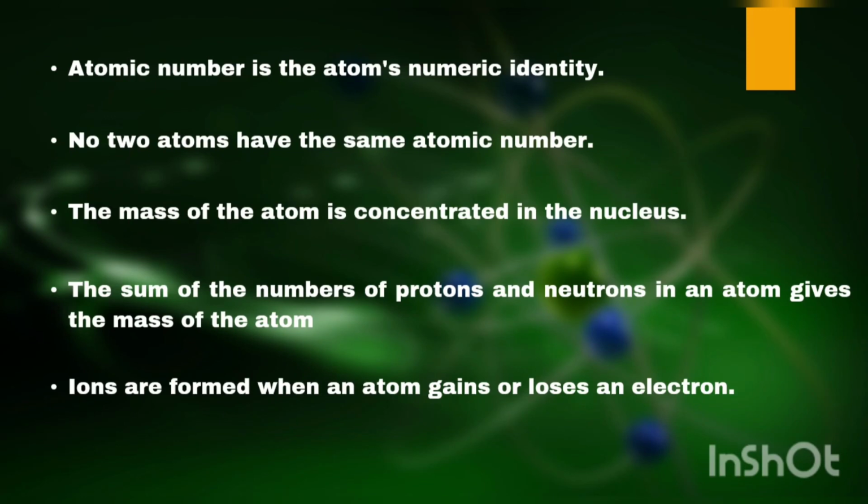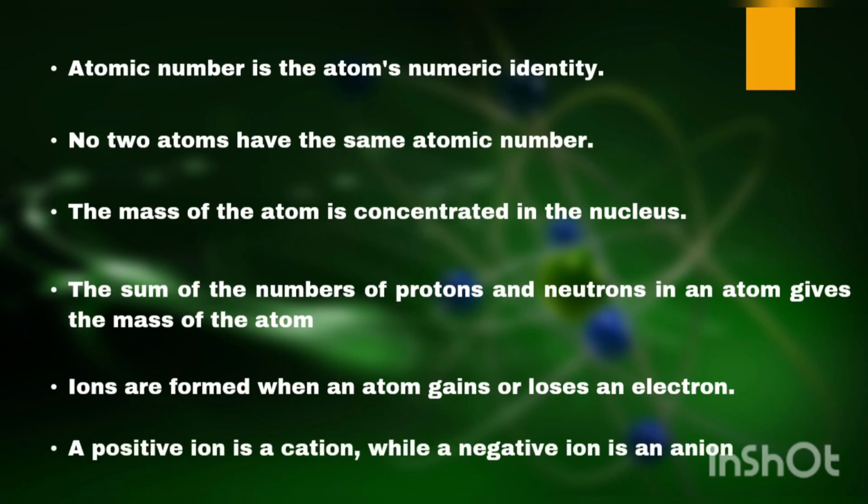The sum of the numbers of protons and neutrons in an atom gives the mass of the atom. Ions are formed when an atom gains or loses an electron. A positive ion is a cation, while a negative ion is an anion.